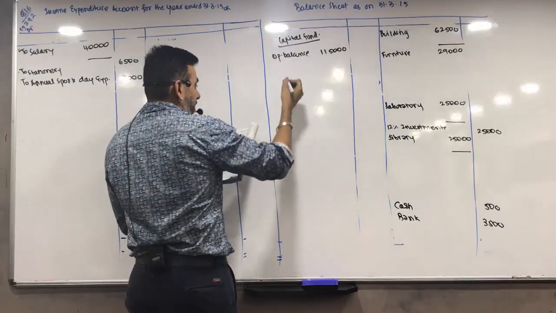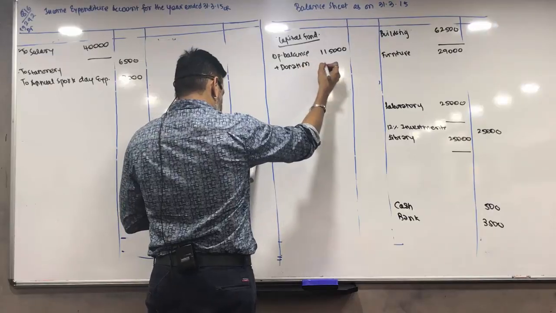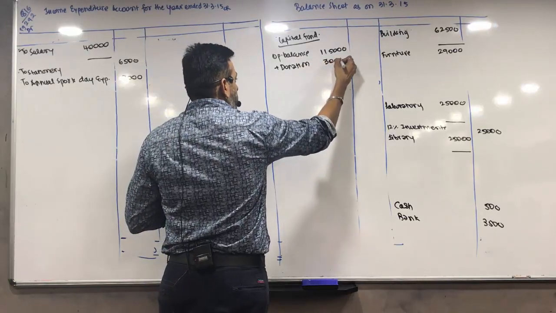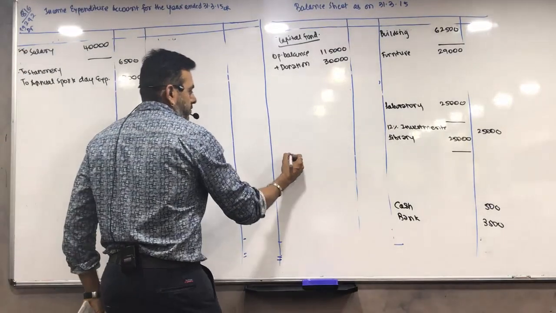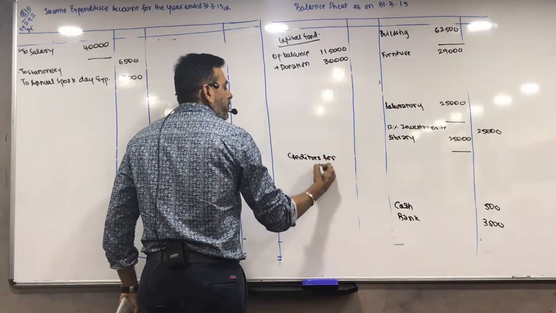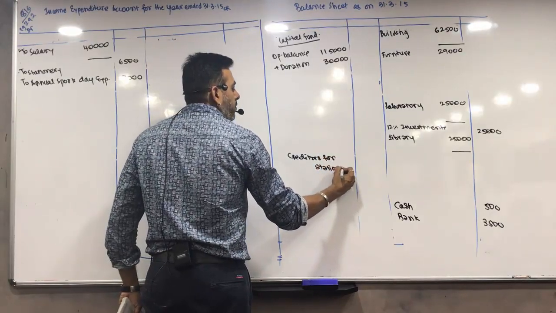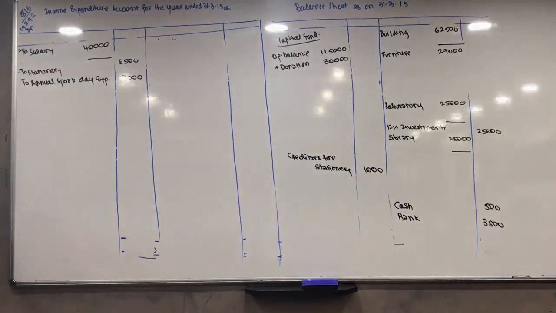Donation, we directly add plus donation 30,000. Creditors for stationery 1,000.